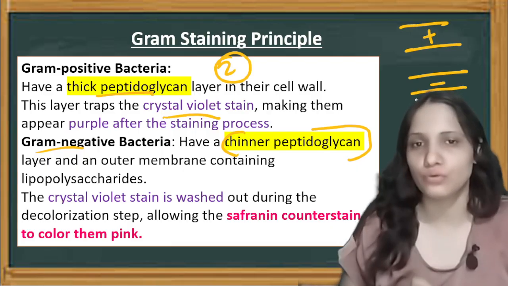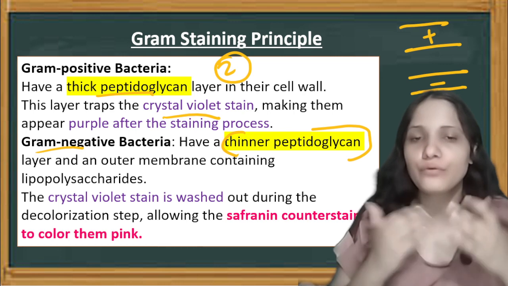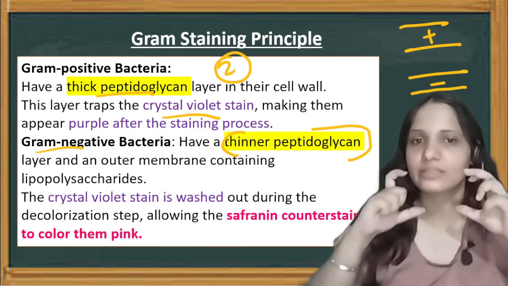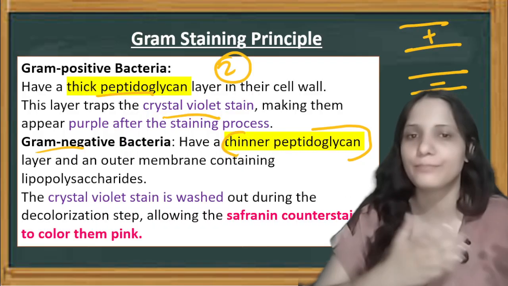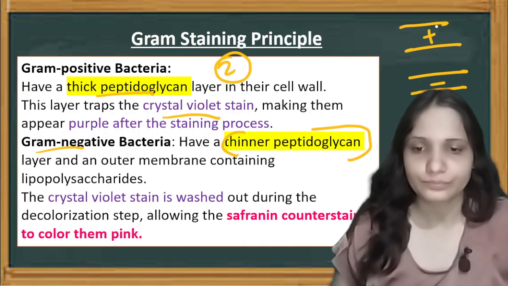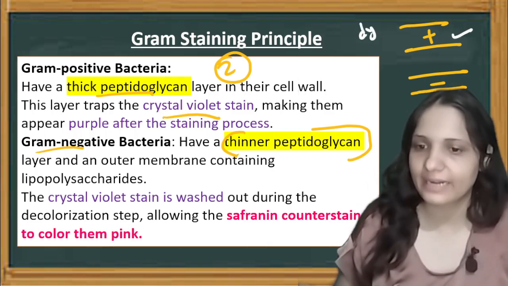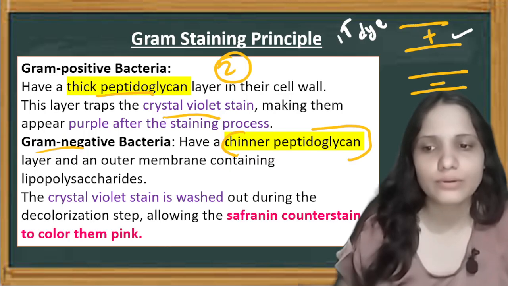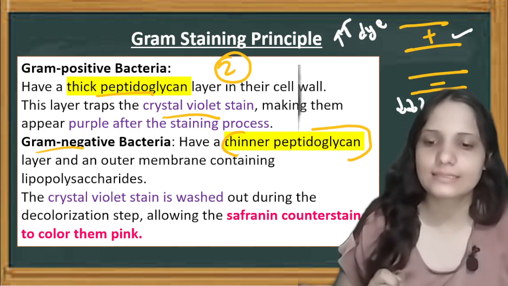You will say the layer which is thickest will trap more dye compared to the thinnest layer. So the thicker layer will trap more dye and the thinner one will trap less dye.